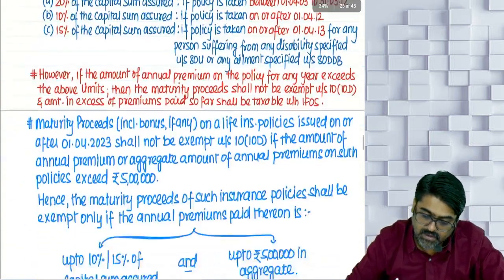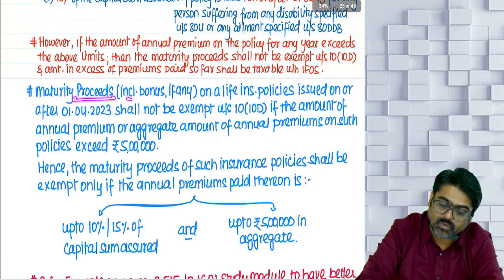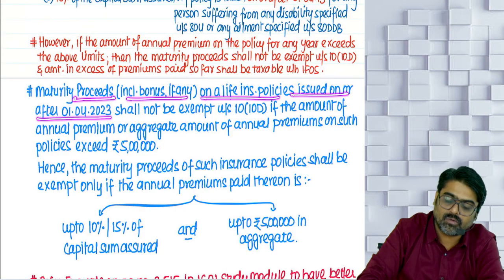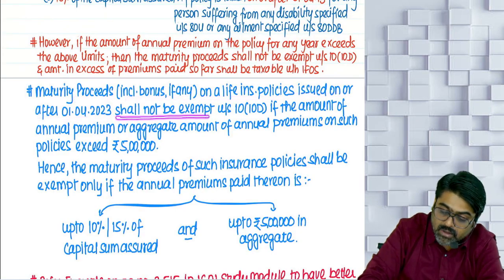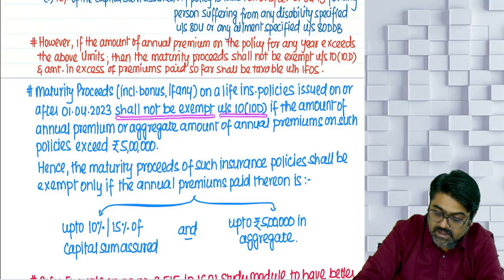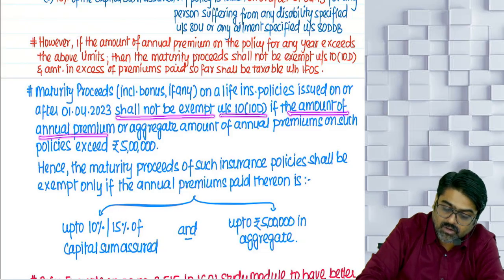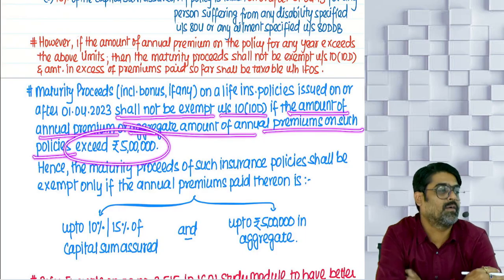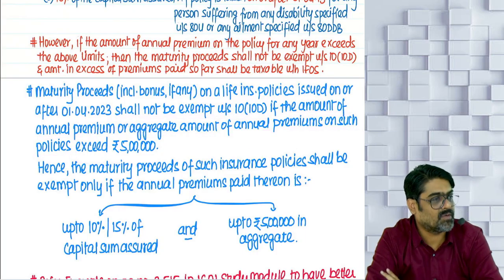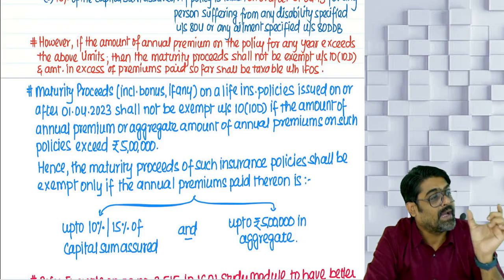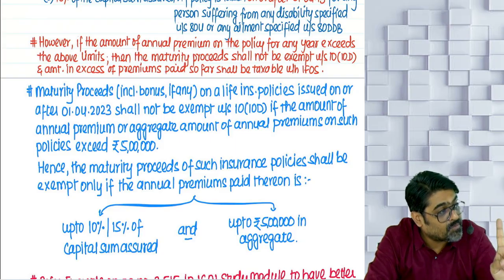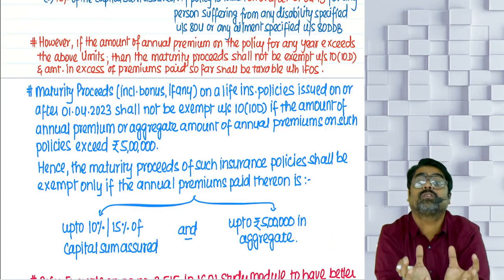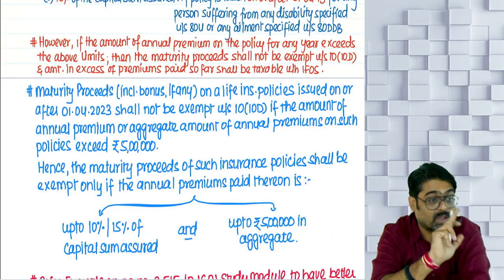But wait. Maturity proceeds, including bonus if any, on life insurance policies issued on or after 1st April 2023 shall not be exempt under section 10(10D) if the annual premium or aggregate annual premiums on such policies exceed the limit. So to claim the exemption, the annual premium should first be within the percentage limit individually, and aggregate premium on all such policies taken together should not be more than 5 lakhs.